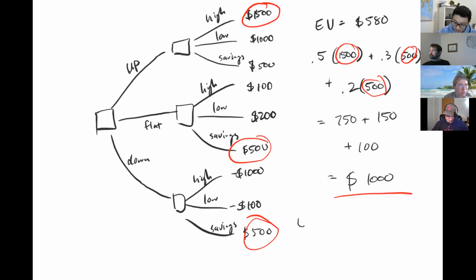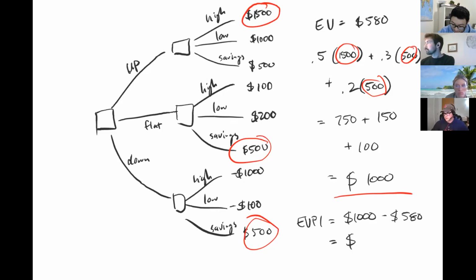So the expected value of the perfect information is equal to $1,000 minus 580. So that information is worth $420 in this case. So the basic idea is you have the exact same system. If you could always choose the best outcome for all of the probabilities, then how would you value that?